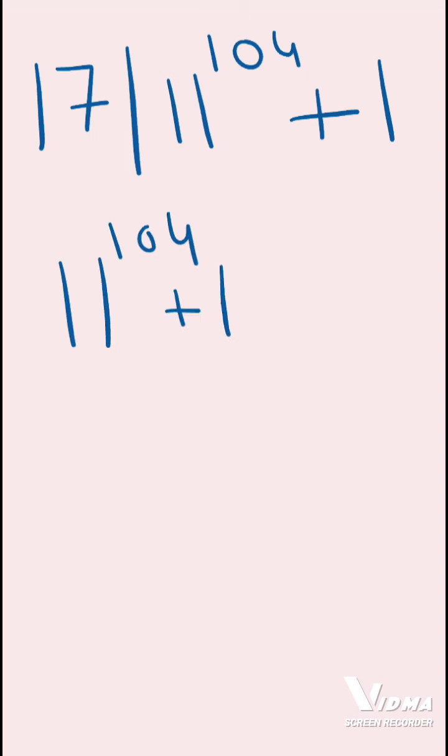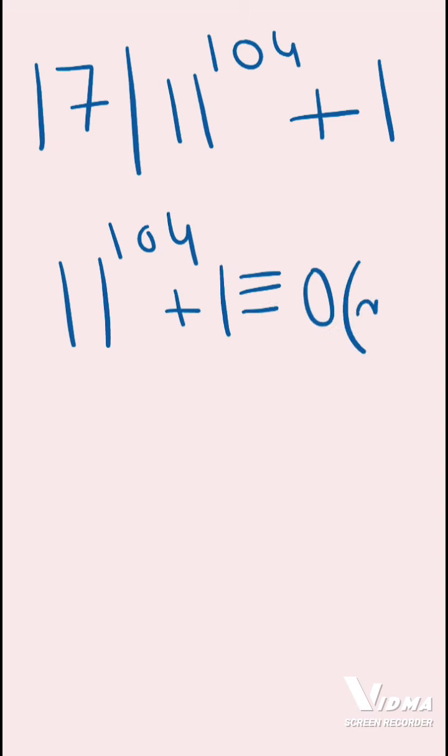So before starting with the solution, we should focus on what we are required to prove. So we are required to prove that 17 divides 11 raised to the power 104 plus 1, right?